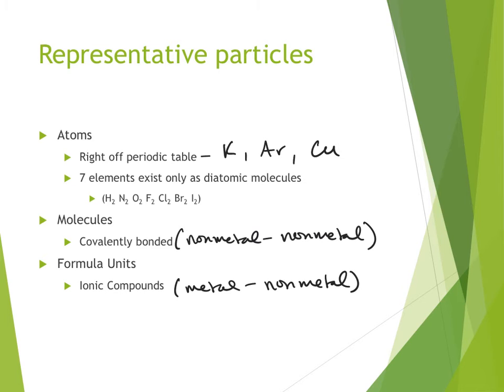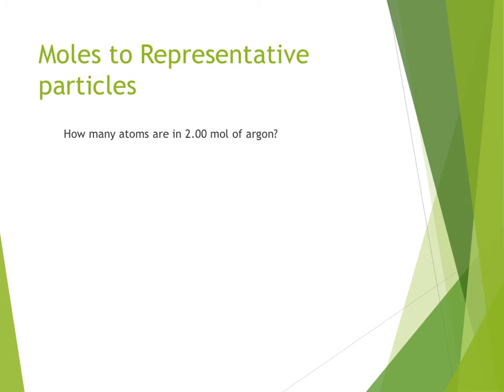Molecules I would use when I have something that's covalently bonded, non-metal, so like water, carbon dioxide. Formula units, ionic compounds, so sodium chloride, or magnesium oxide, or calcium nitride. Those would all be formula units, the term that you use.